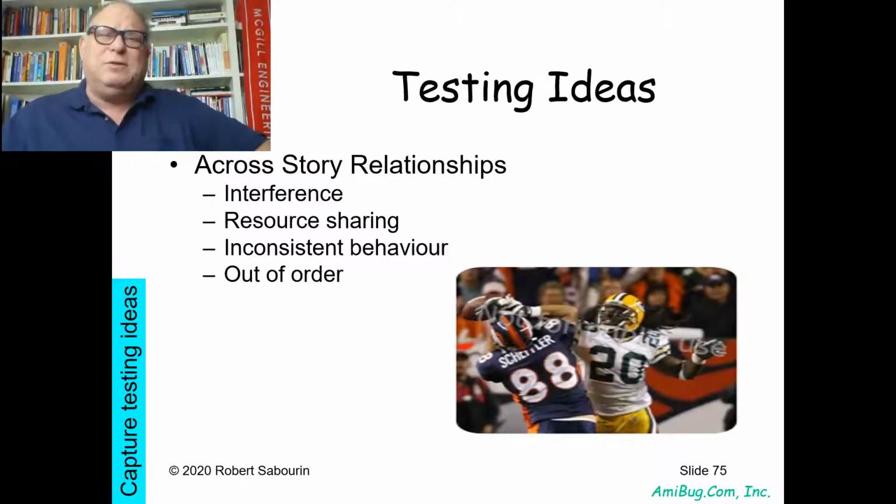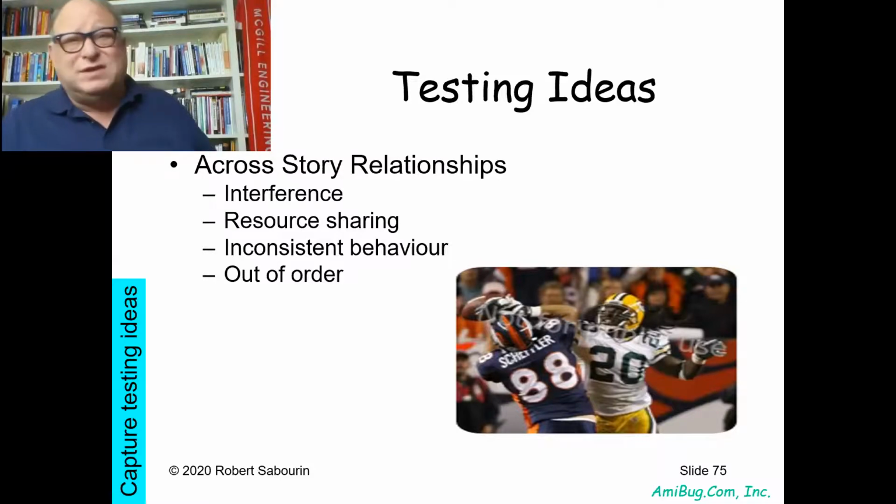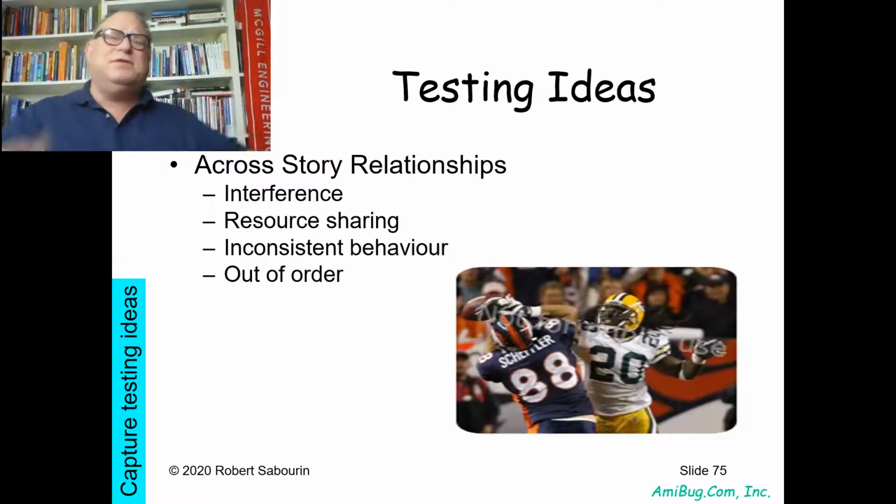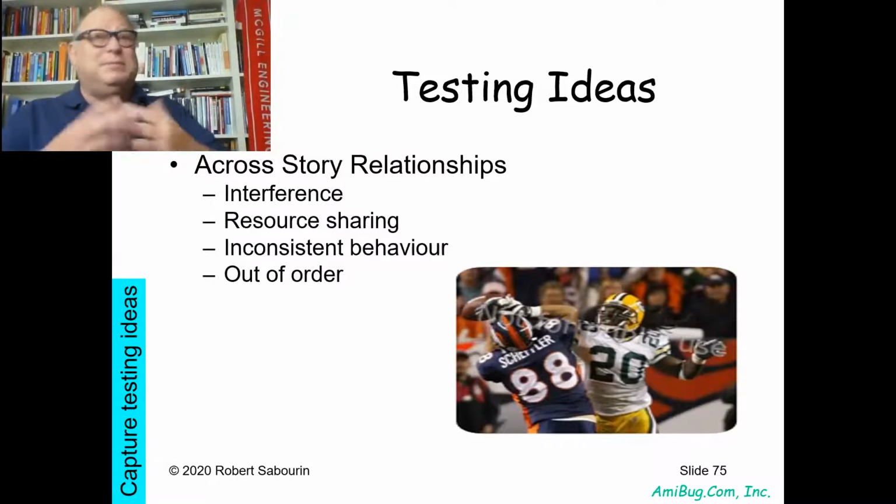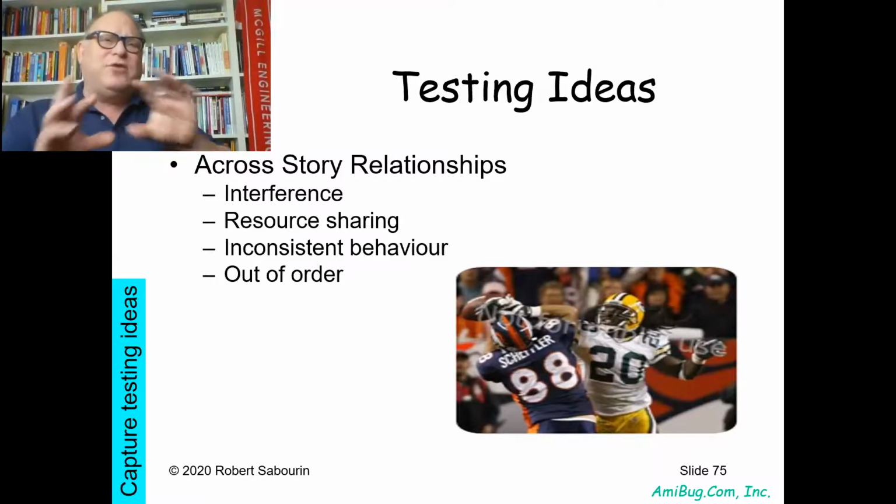If we have multiple stories that involve shared resources, then they might interfere with each other. And this might lead to inconsistent behavior or risks if things are done out of order, or multi-threading and resource contention problems. There are all sorts of interesting things that can go wrong. So this test idea comes up when you have multiple stories that share common resources or common processing or common data, and you study how they interact with each other.